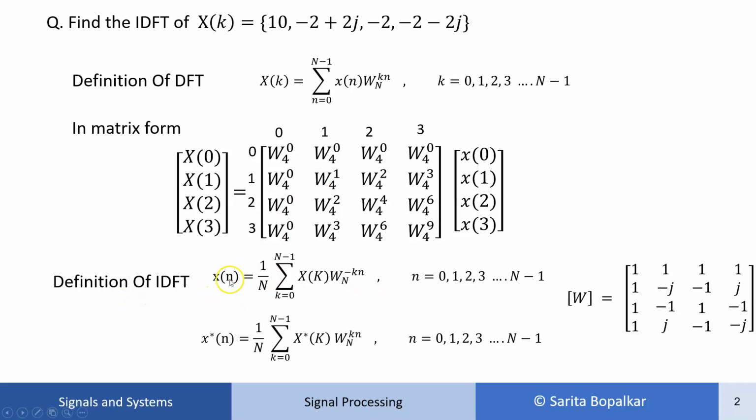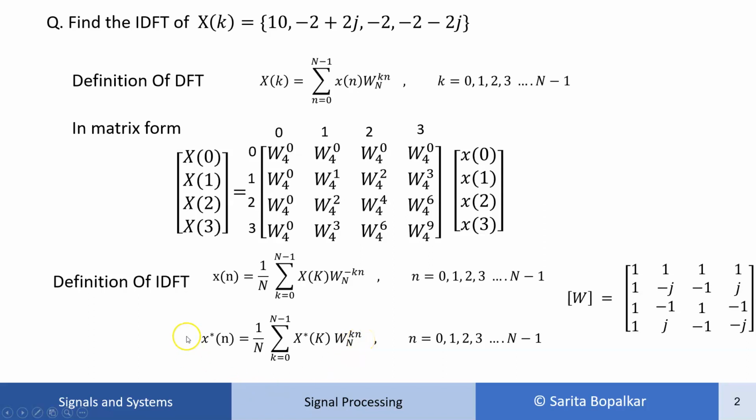Now I will take the conjugate of this inverse DFT equation: x*(n), the conjugate of x(n), equals 1/N as it is, summation k from 0 to N-1. The conjugate of X(k) is X*(k), and the conjugate of the twiddle factor W_N^{-kn} is W_N^{kn}.